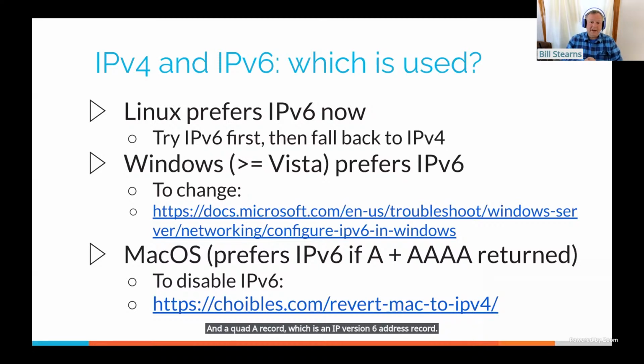If I try to connect to www.stearns.org with my web browser, what's going to come back is that that system only has an IP version 4 address. So no matter what my client system is, no matter what my operating system is, that will have to be an IPv4 connection. But for most systems that have both A and quad A records, most operating systems will prefer to use IPv6.